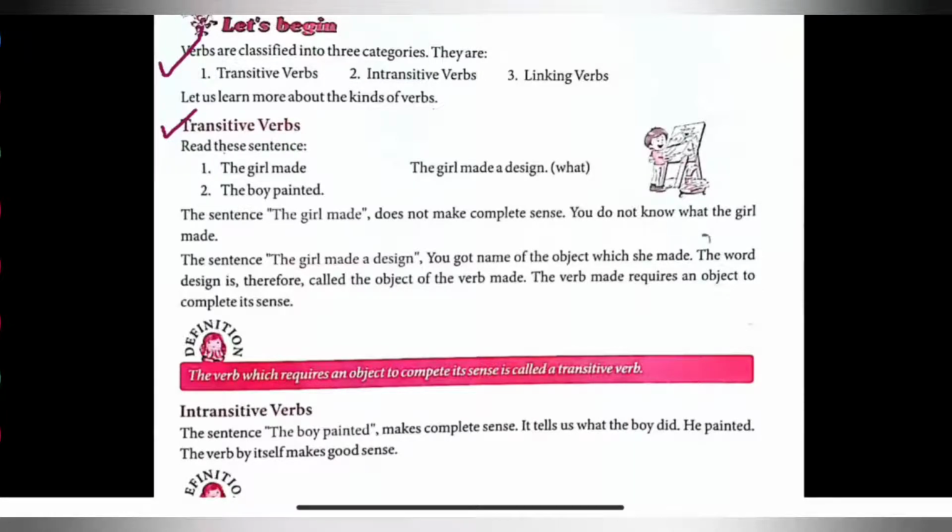The girl made a design. Okay, you got the name of the object which she made. The word design is therefore called the object of the verb made. The verb made requires an object to complete the sense.